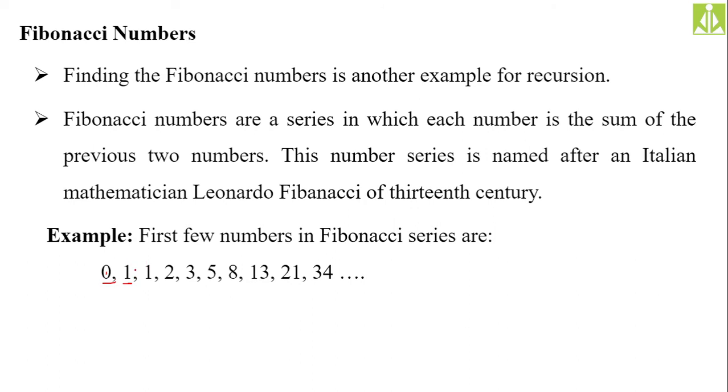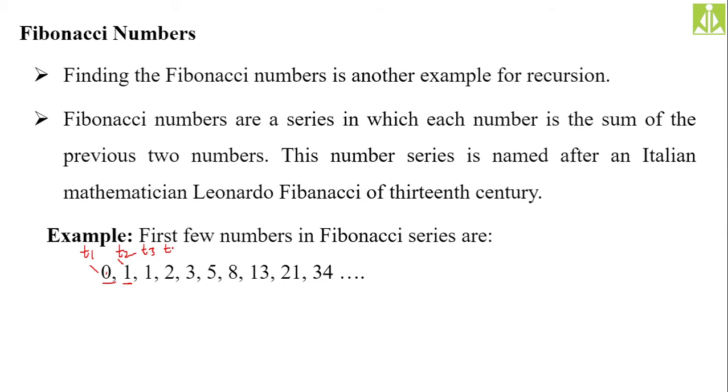Okay, so the first two numbers, that is term 1 and term 2, are fixed. Term 1 is 0 and term 2 is 1, and from term 3 the rule is to add the previous two numbers. To get the term, add the previous two numbers. So to get T3, what are we doing? Add 0 plus 1, you will get 1.